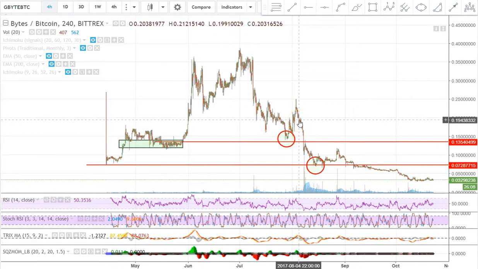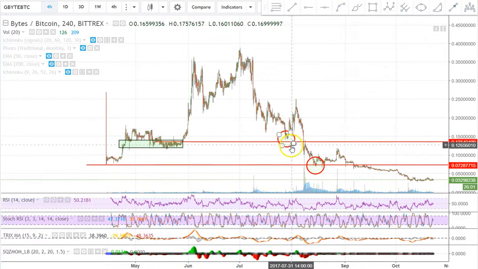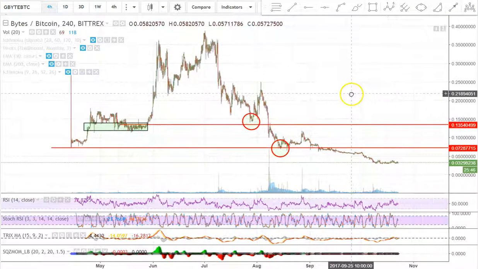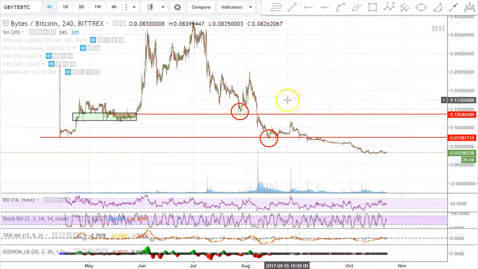Or if your aim was for a long-term investment, you say, okay, I'm going to buy here and I'm going to wait, but if it goes below that red line, I'm going to sell. So you just set a stop loss, because as you can see, when it went below that red line, it went lower much more.